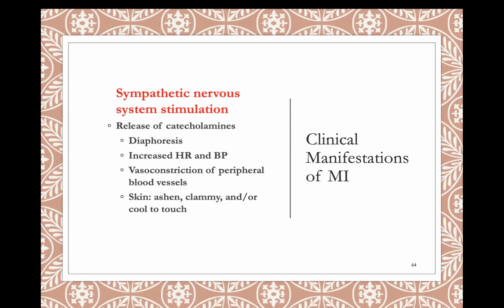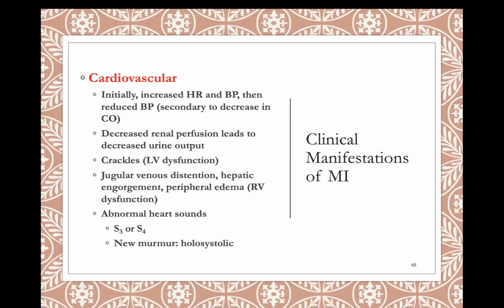This is all in an effort for the body to shunt as much blood as it can to those coronary arteries to try to preserve the heart muscle. People's skin might look ashy or dusky, clammy, or cool to the touch because of poor peripheral perfusion.